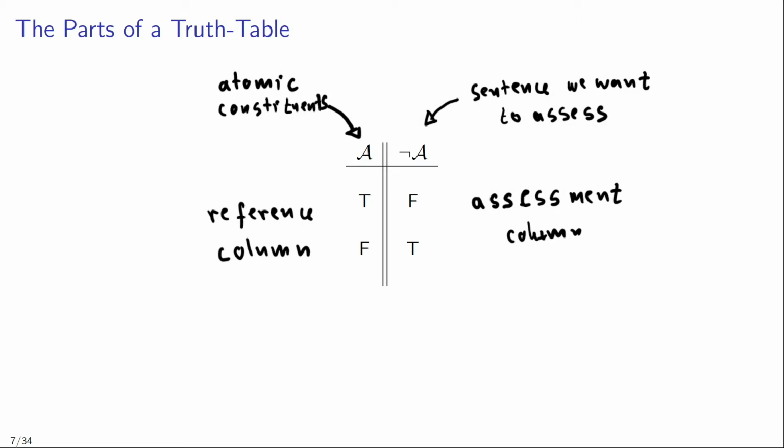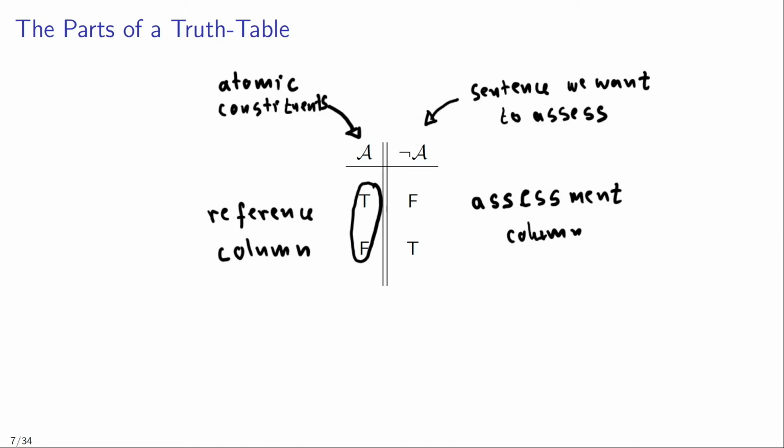Now, below the atomic constituents of the sentence that we want to assess, you see the possible assignments of truth values to this constituent sentence. So this sentence A is either true or false, and so our reference column contains two rows, the first row containing a T, signaling that this sentence is true, and the second row containing an F, signaling that this sentence is false.